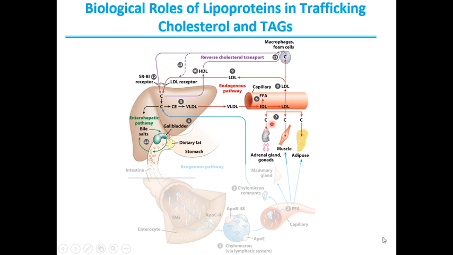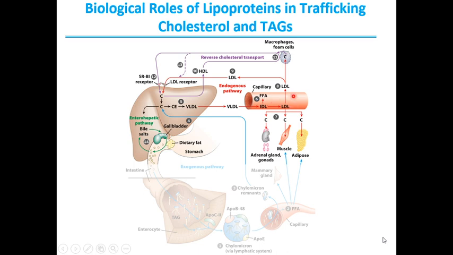The loss of triacylglycerols to adipose or muscle cells converts some VLDL to VLDL remnants. And these VLDL remnants are called intermediate density lipoproteins, or IDL. Further removal of triacylglycerols from IDL produces LDL, or low density lipoproteins.